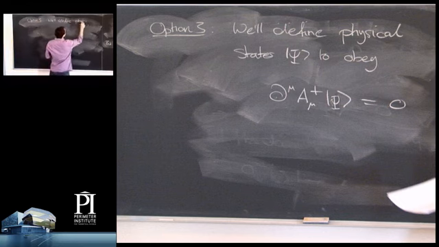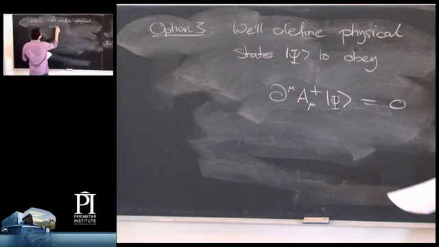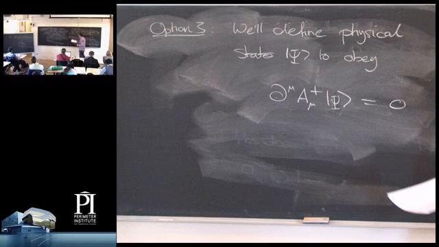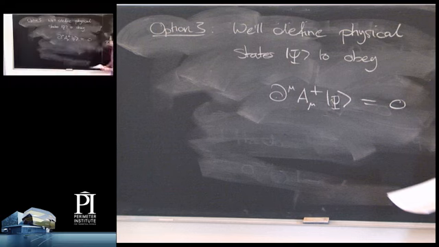We'll define the physical states within our Hilbert space to be those that obey the Lorentz condition, but not the full Lorentz condition acting, but just this positive frequency part, so just the part with the annihilation operators.